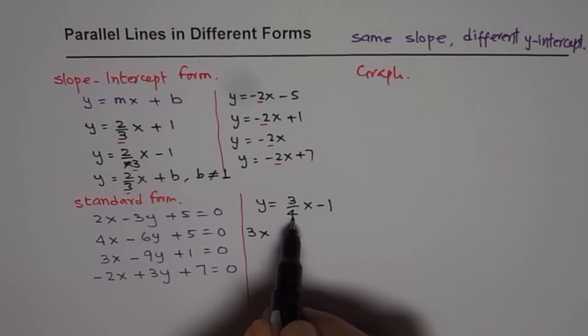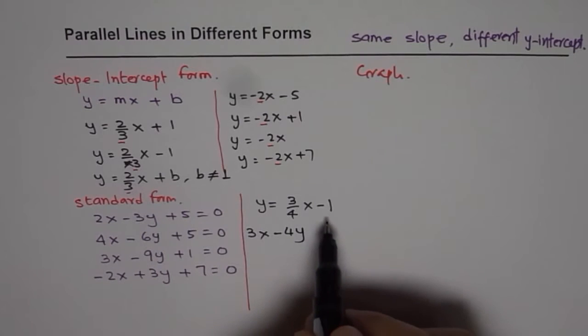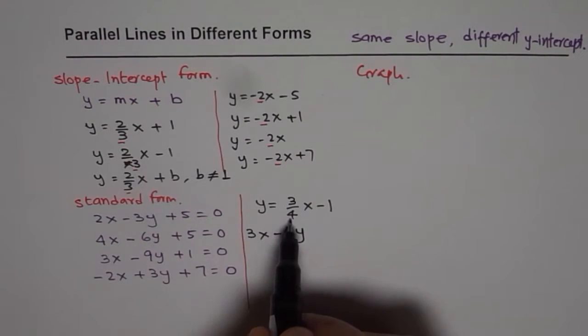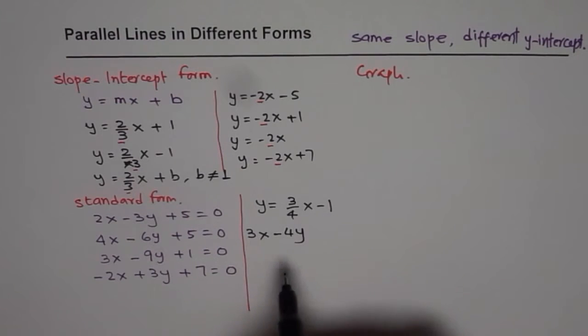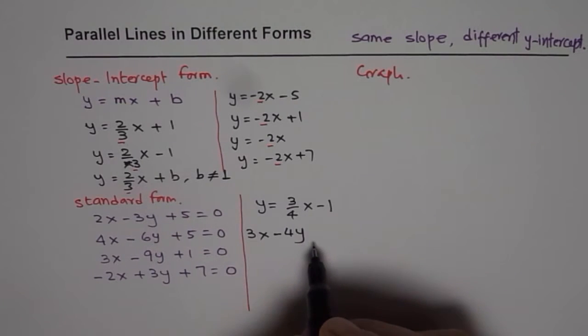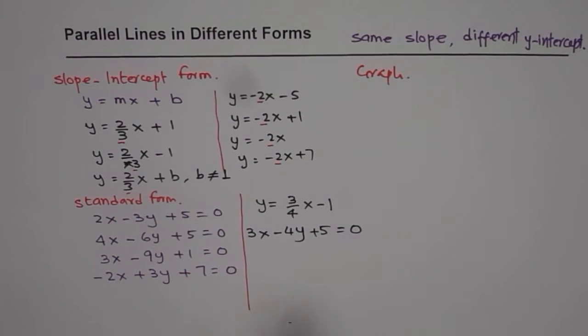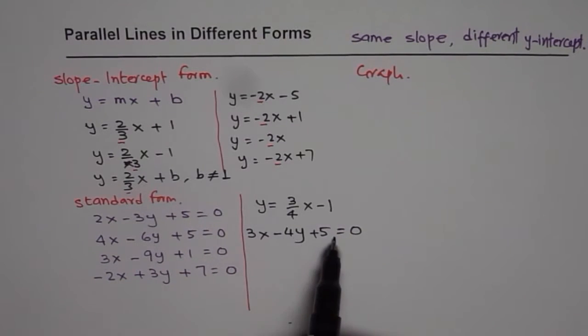Reverse the sign for the denominator. Instead of 4, write minus 4y and change this number, right? It should not be minus 4 because you're multiplying by 4, but it could be anything else. So to be on safe side, let us use some odd number. For example, plus 5 equals 0. So that will be a line parallel to the given line.